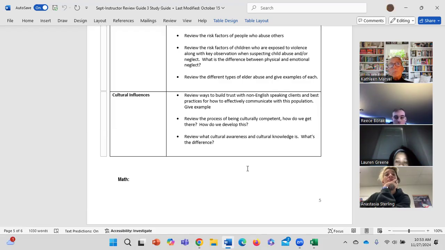We talk about cultural knowledge, knowing about different cultures, and cultural sensitivity, being sensitive to what their needs are because they may be vastly different from ours. We need not be pushing our culture onto others. Cultural competence really comes down to being able to look through that lens from them.